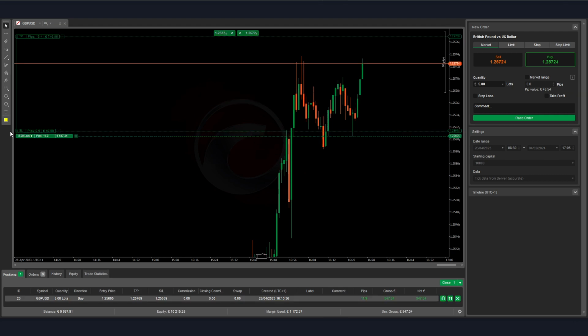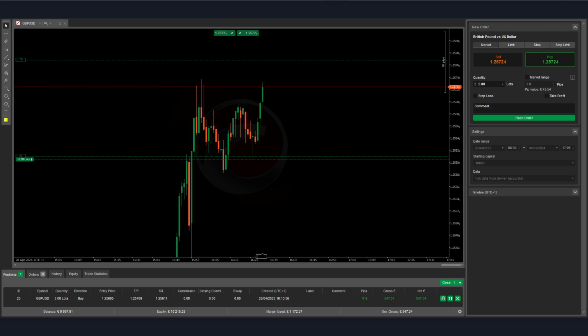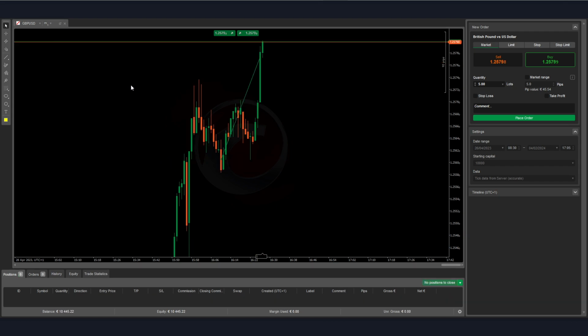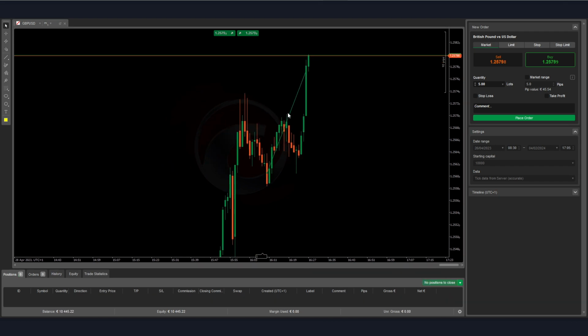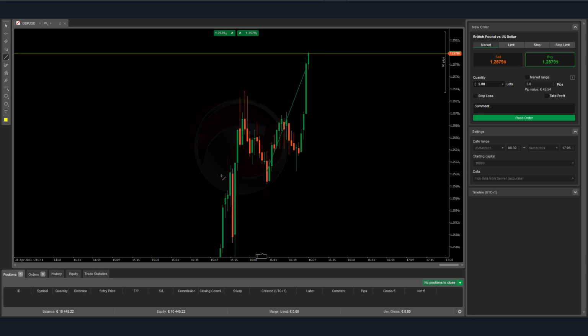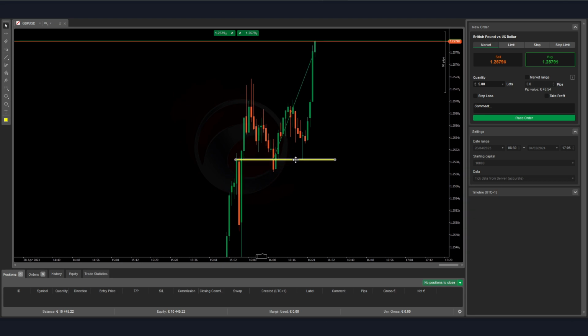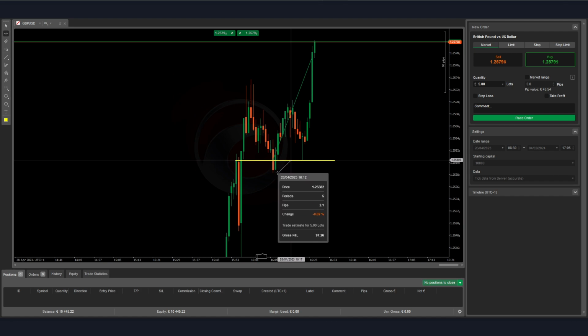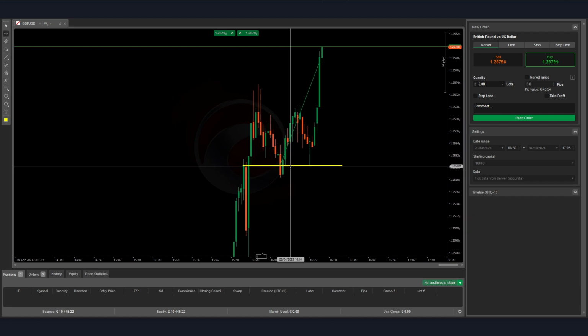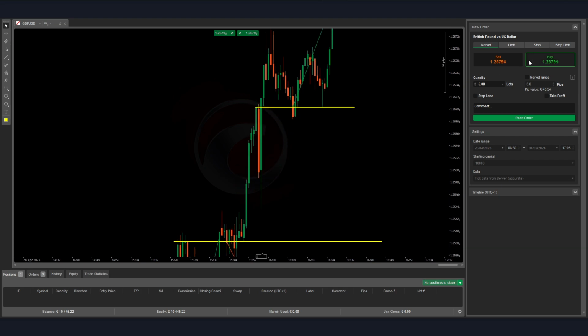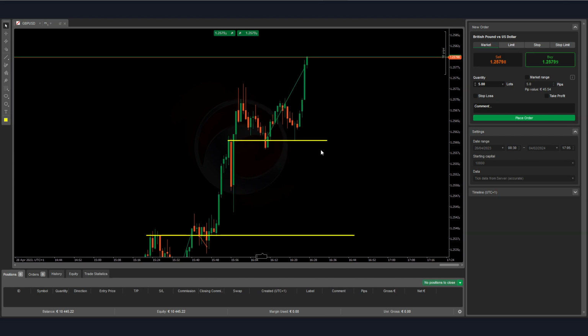Nice. Very good. Okay, so yeah, we got this. So we can see that it's very, very dependent, but on the 1 minute, we could have used in this case 2.5 pips. It's quite rough.